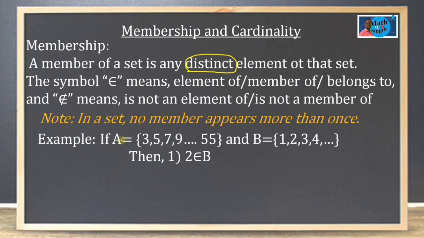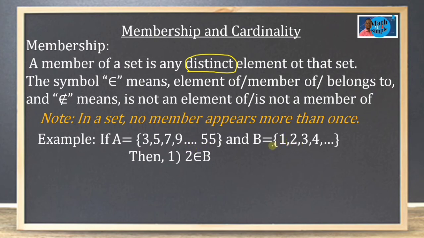So let's see, in this set A, we have 3, 5, 7, 9, with dots in between here, 55. So like we said, the dots represent the numbers. The order of numbering here is odd numbers. So all of the odd numbers between 9 and 55 are the ones represented by the dots.